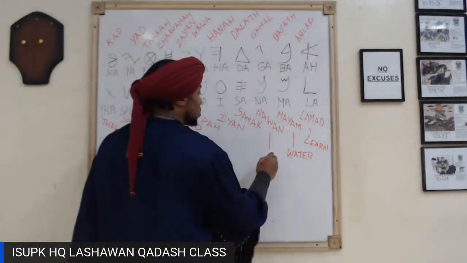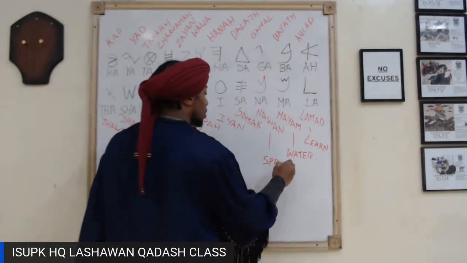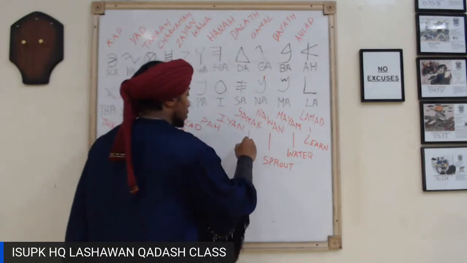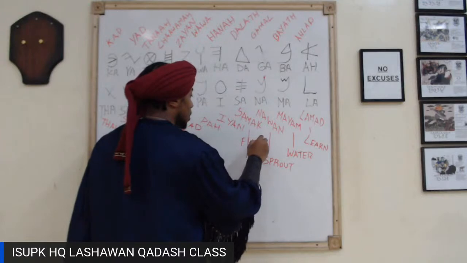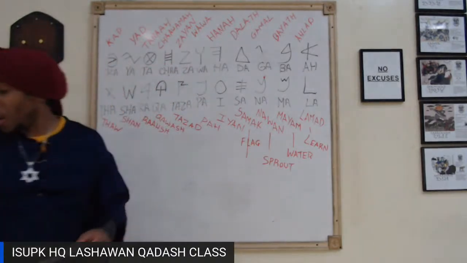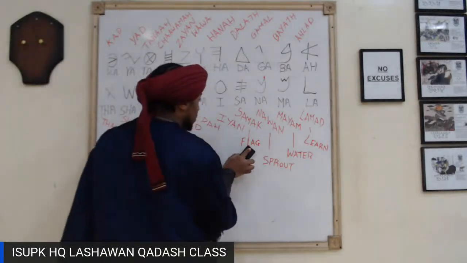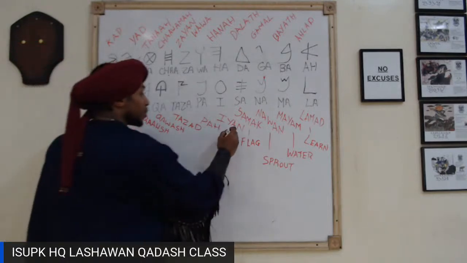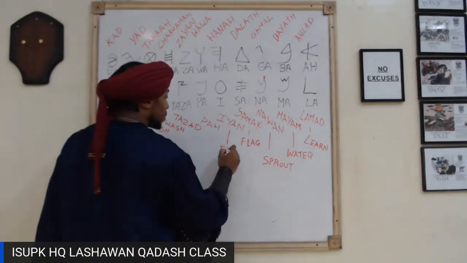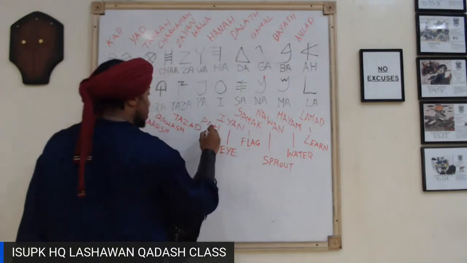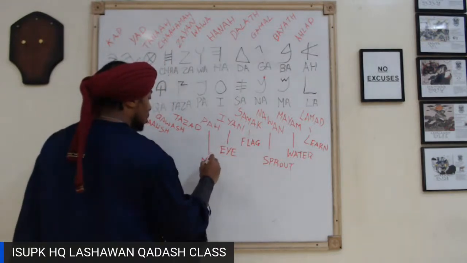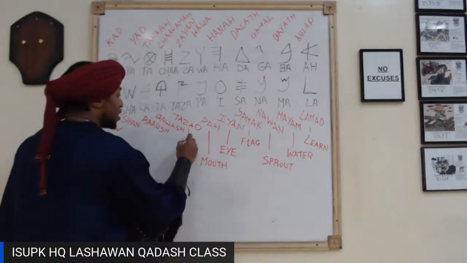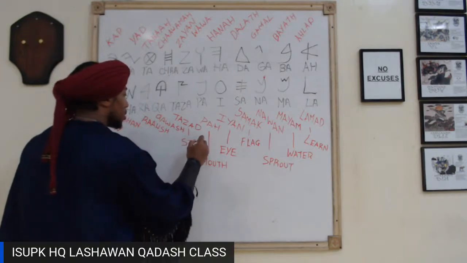The one is sprout. Samak is flag. Ayan is eye. Pa is mouth. Tazad is side.